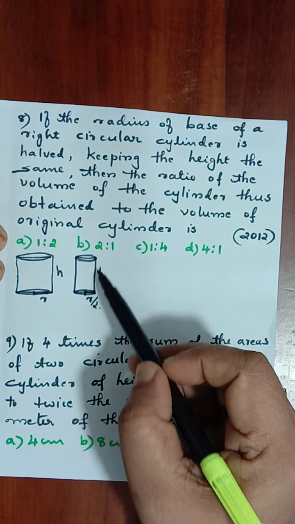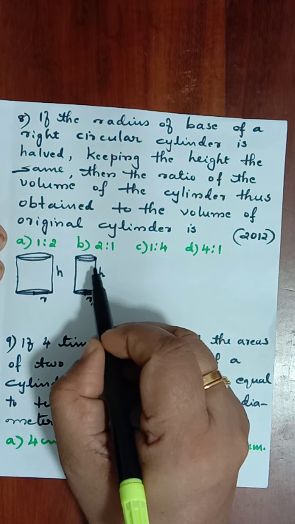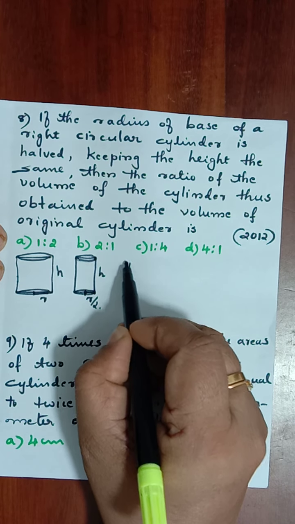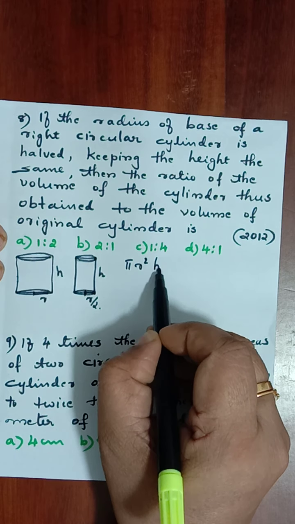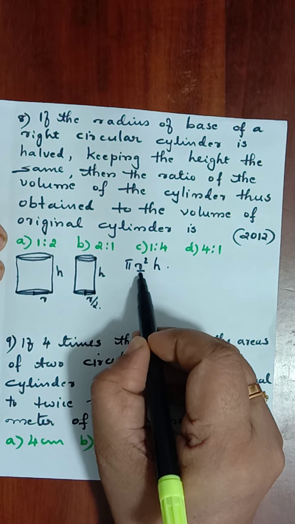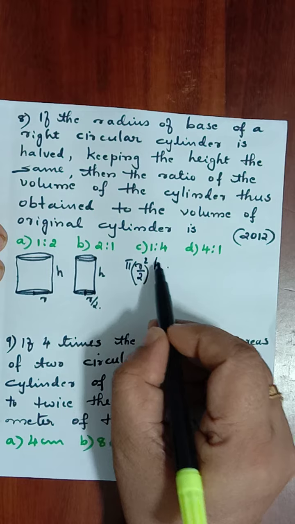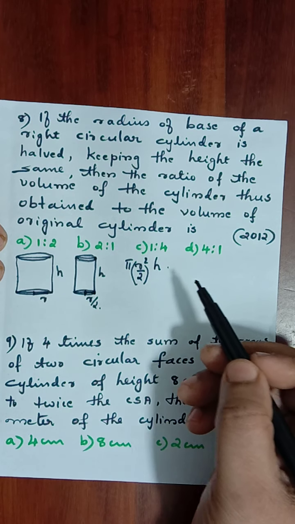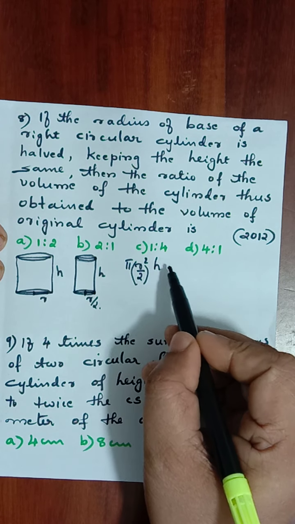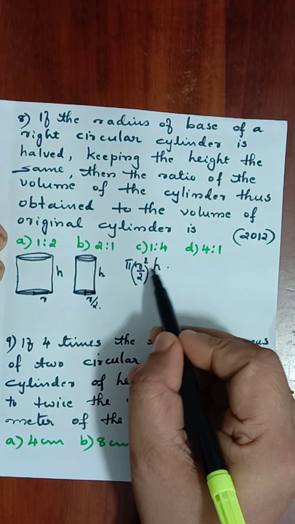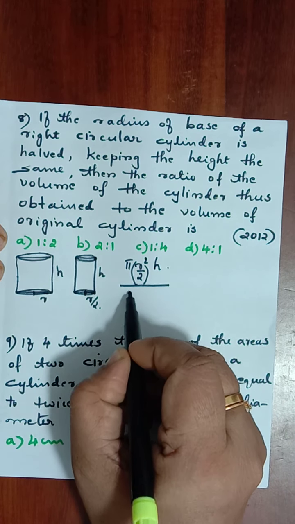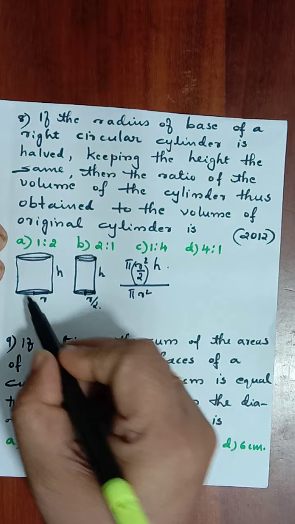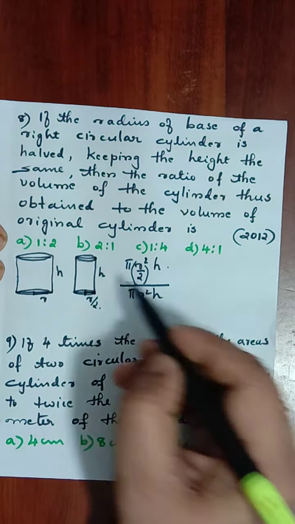The volume of the smaller one, being cylindrical, is pi r square h, where r becomes r by 2. So it is pi into (r by 2) whole square into h, divided by the volume of the original one, pi r square h.